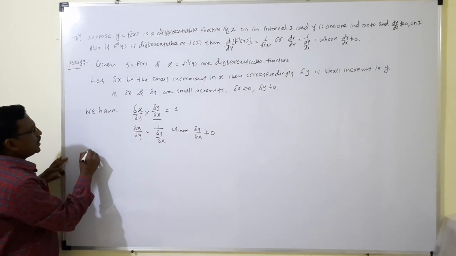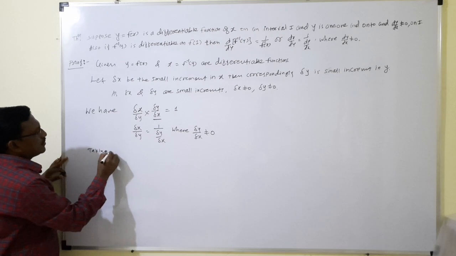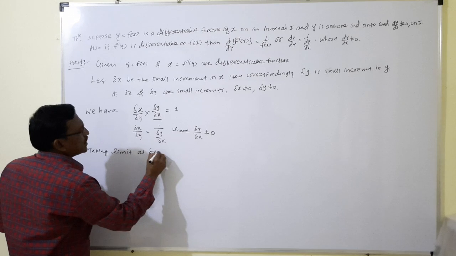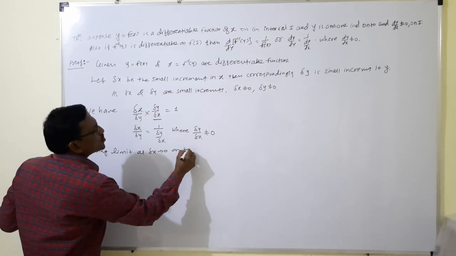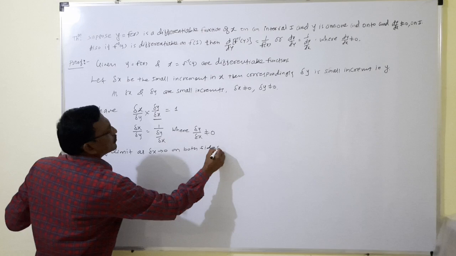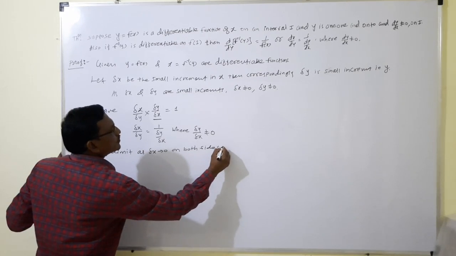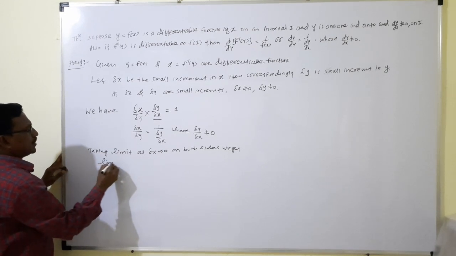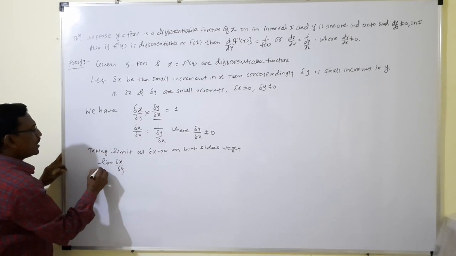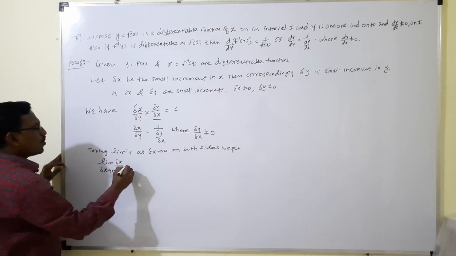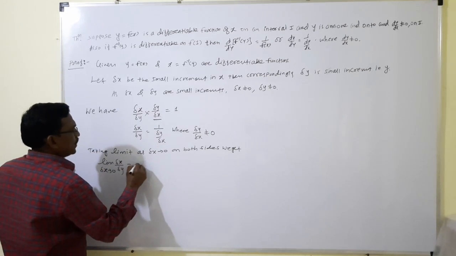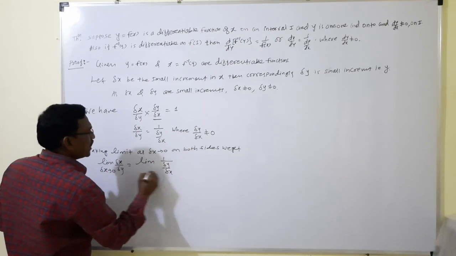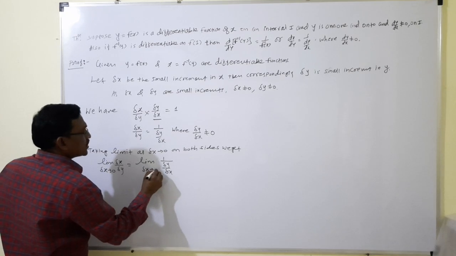Now taking the limit as delta x tends to 0 on both sides, we get the limit of delta x upon delta y as delta x tends to 0 is equal to the limit of 1 upon delta y upon delta x, as delta x tends to 0.